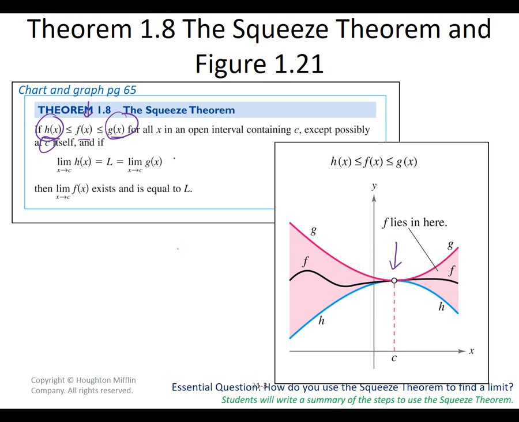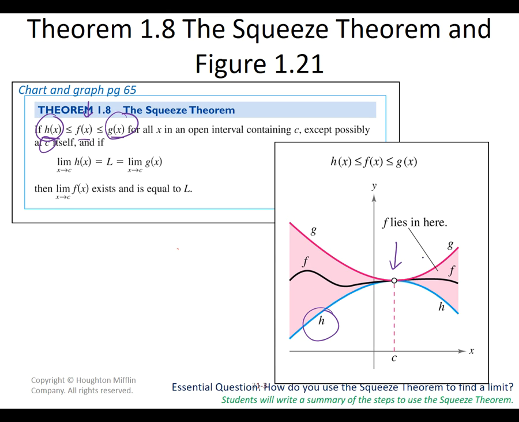Okay? So you'll notice that this f function in the picture's kind of nice. It's something crazy, probably something that we don't know how to figure out the equation for. So sometimes it's difficult to find a limit of some of these crazy functions. So if we find a function that is smaller than it, that we recognize, that looks like a pretty good parabola, right? Which we know how to find the limit of a parabola, we can do that by direct substitution. Okay? And we find a function that is bigger than it, that looks like a parabola too.